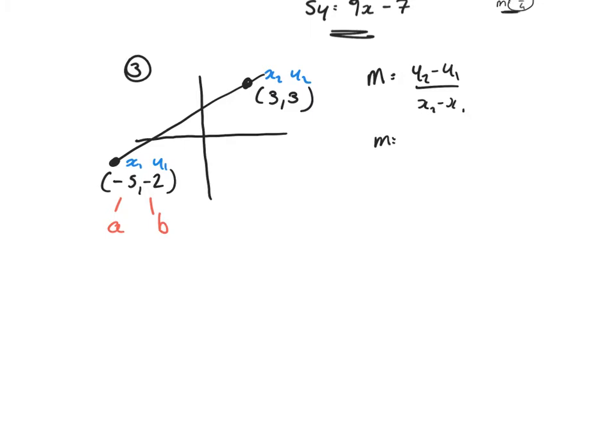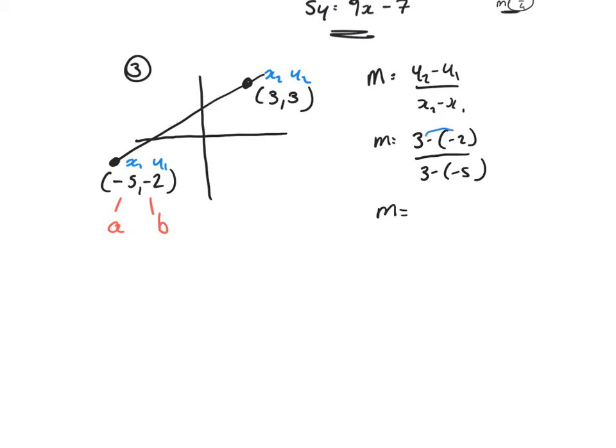y2 minus y1 over x2 minus x1, 3 minus -2 over 3 minus -5.